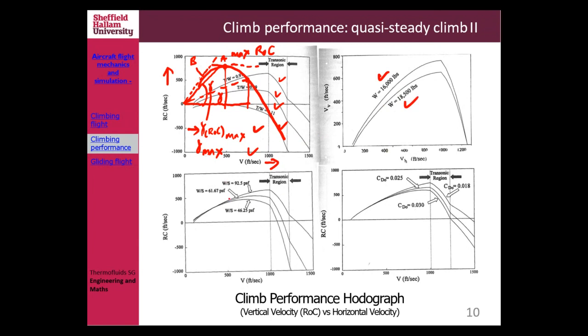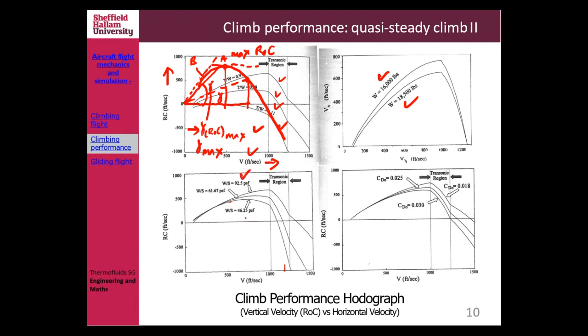The smaller the wing loading, because in design we want the wing loading as big as possible, so if you decrease the wing loading, then your hodograph drops down like that.